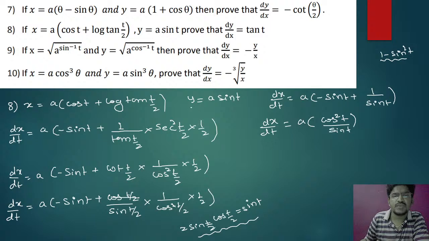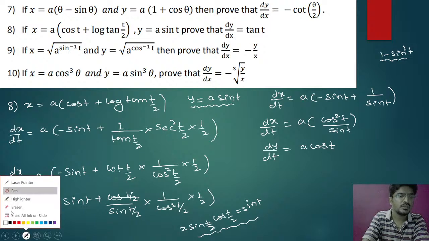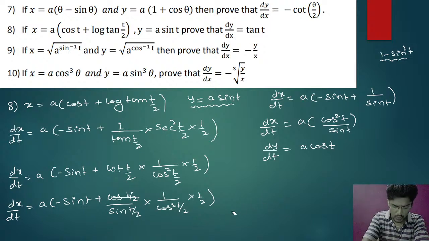So now in the same way you solve dy by dt. So what is dy by dt? It is a cos t. Dy by dt is a cos t. Clear? So now from all this we can simplify it as dy by dx equal to, see this, I will write dy by dx here.